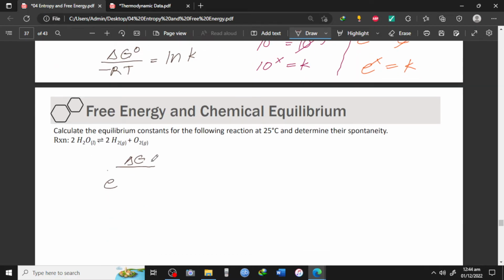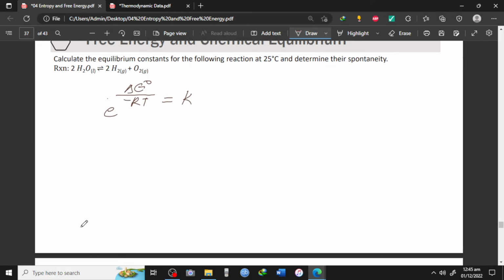So, the standard free energy over RT, naka-raise na siya sa Euler's number. Okay? And then, na-isolate na natin si K. So, technically, pwede na natin ma-solve si K. So, in that case, student, plug in lang natin lahat ng values natin. Okay? So, wait lang. Mamaya ako na isusulat si K. Sulat ko muna yung formula.